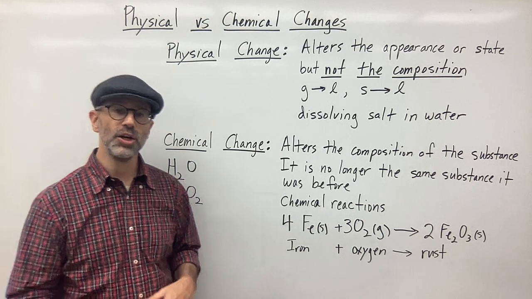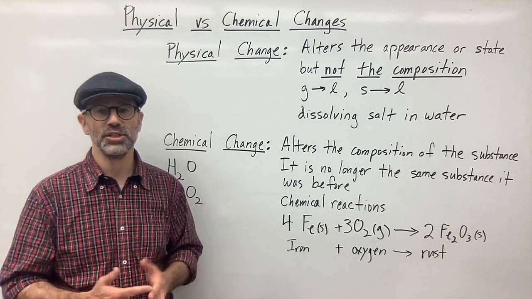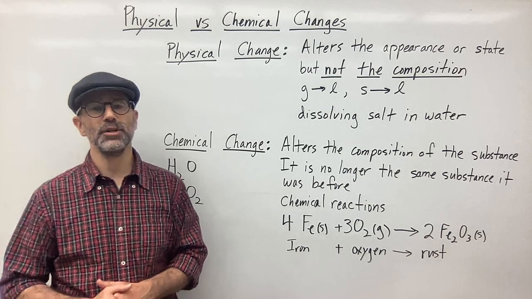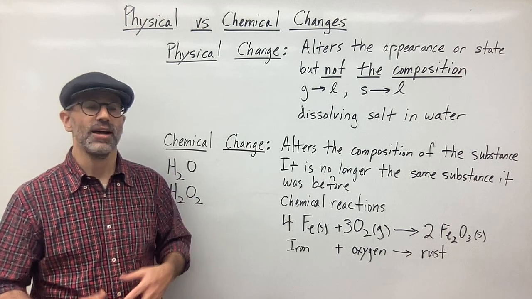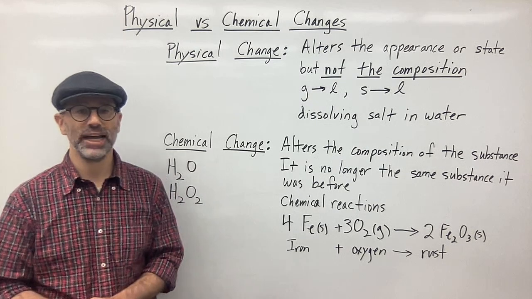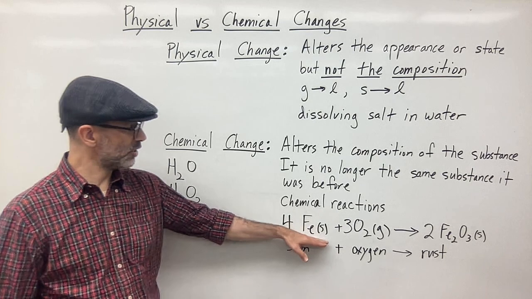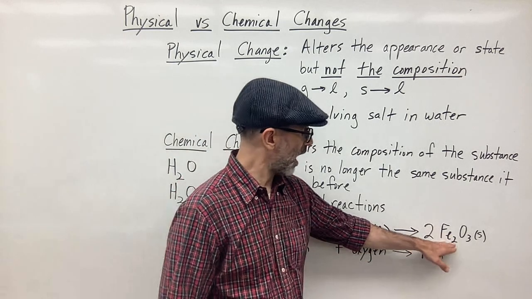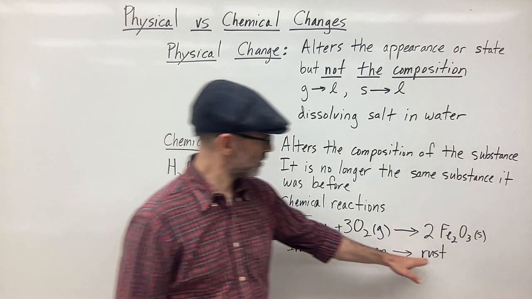And so if you undergo a change where you're changing the composition of the substance so that it becomes an entirely different substance, then that is a chemical change. Of course, chemical reactions are a good example of a chemical change. So here I have an example of where I have iron reacting with oxygen to form iron 3 oxide, which is another name for rust, right?